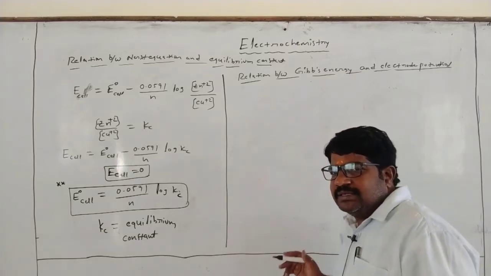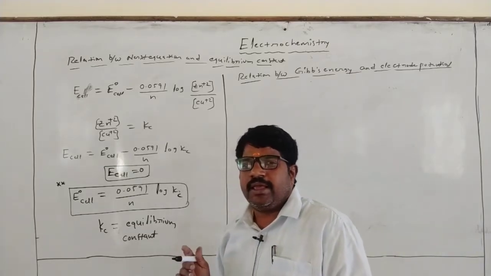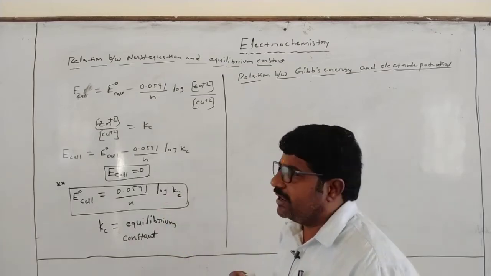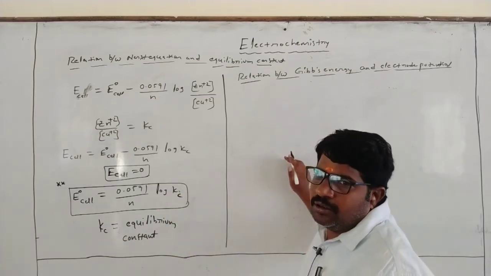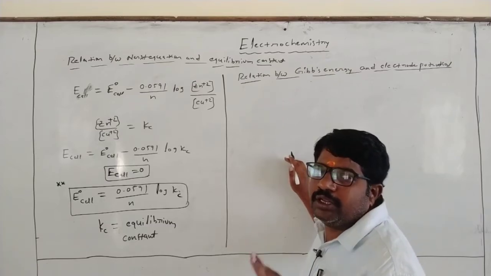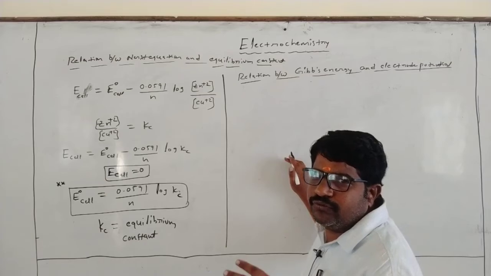Actually, in a galvanic cell, chemical energy is converted into electrical energy. It means chemical energy is converted into useful work.